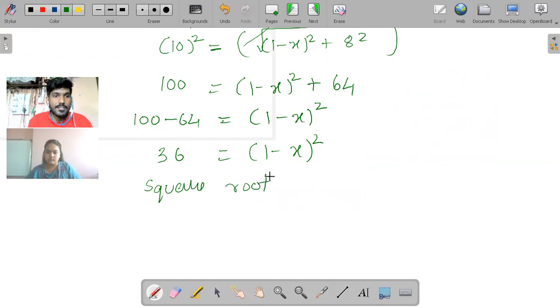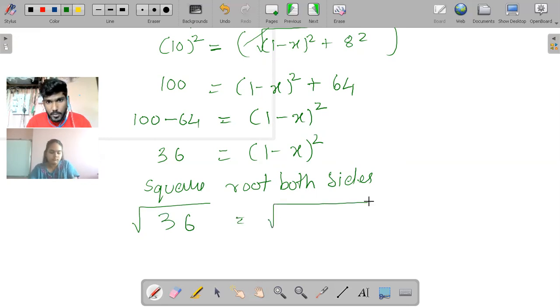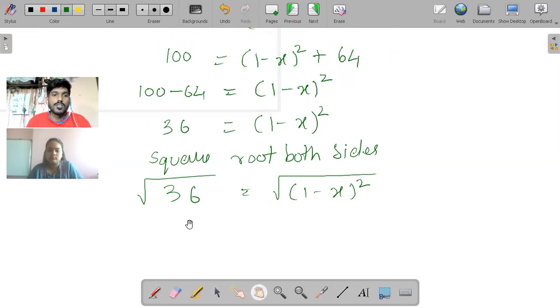Just the way we can square both the sides, same way you can take square root both the sides. So this will become square root 36 and this will become square root of (1 minus x) the whole square. Now, what is square root of 36? 6, as you said. What will happen on the right-hand side? 1 minus x.